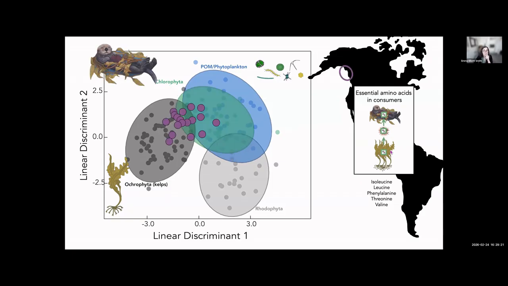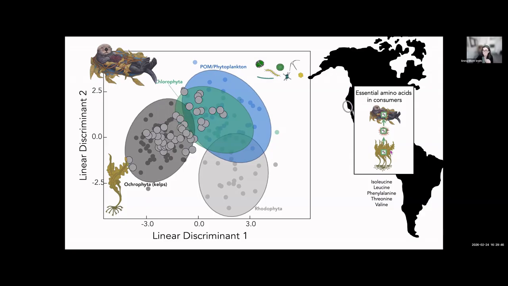Okay, so here are the data from Southeastern Alaska, and we see a large proportion of individuals plotting over here by phytoplankton, but also maybe more individuals than we would have expected plotting in that kelp ellipse based just on their bulk tissue data. Northern Oregon looks a little bit different. So now all but 2 individuals are plotting right on top of that ellipse for kelps.